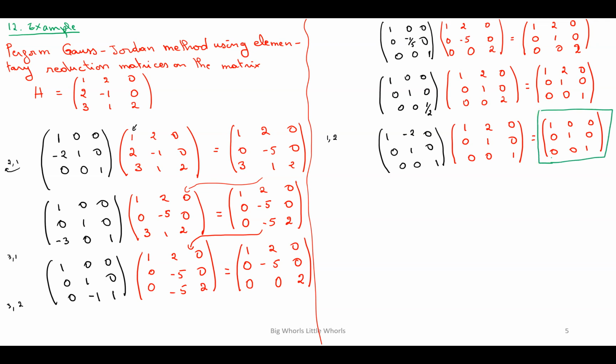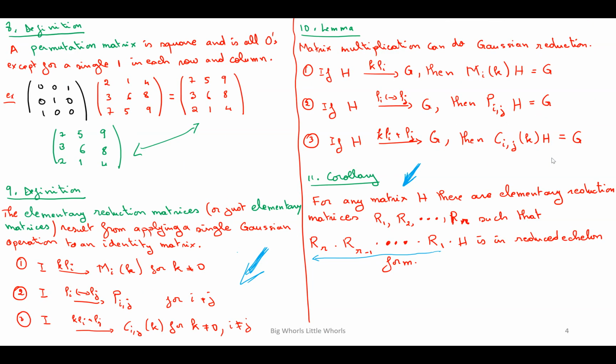Okay, and from the lecture, if you remember, it says in our last corollary that for any matrix H, there are elementary reduction matrices R1 till RR, such that if we multiply all those R, remember in reverse order, by H, we will get the reduced echelon form.